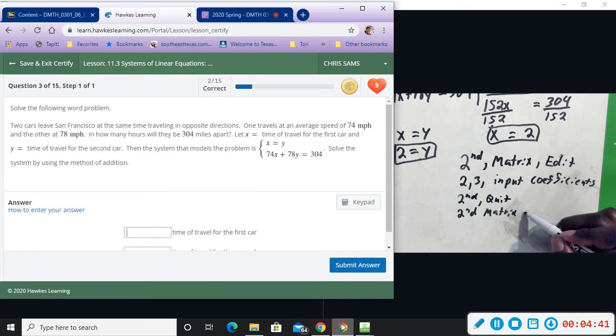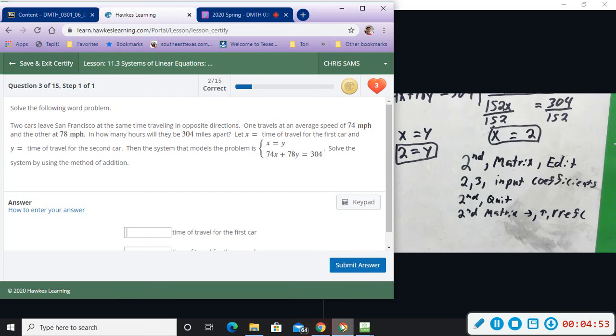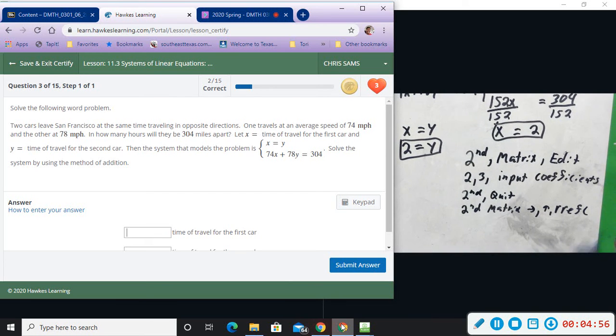We're going to arrow over, and then we're going to arrow up, and we're looking for RREF, and then you push enter on that, and then we'll do second matrix one more time, and then just enter. If you hit enter 2 times, you'll get it.